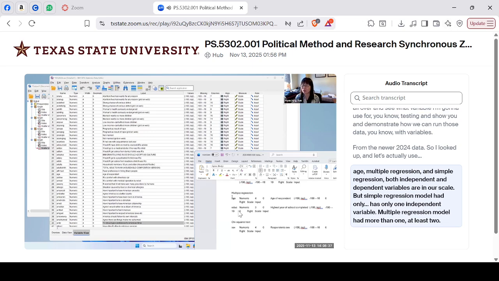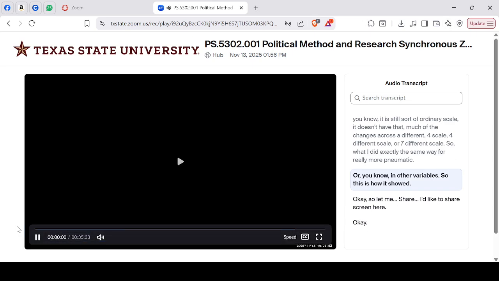Independent variable. Multiple regression model. So before we start with multiple regression and chi-square test utilizing SPSS and the data set, do you remember that we just tried to run the scatter plot the other day?